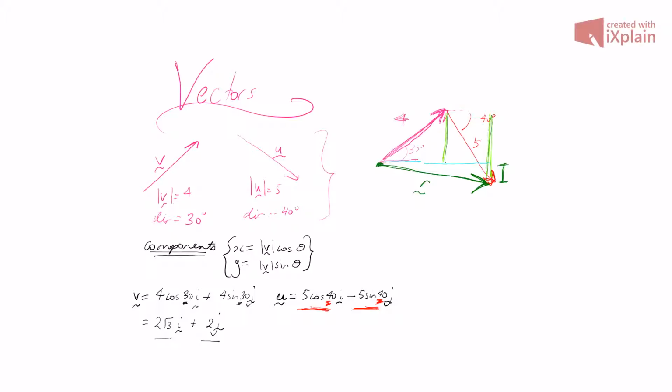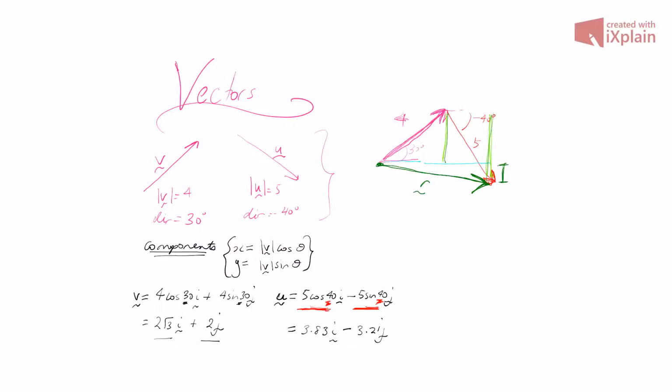So I pop those in my calculator and I get 3.83 i minus 3.21 j. Now I think to myself, yes, lots of positive x and quite a bit of negative y, so that all makes sense.